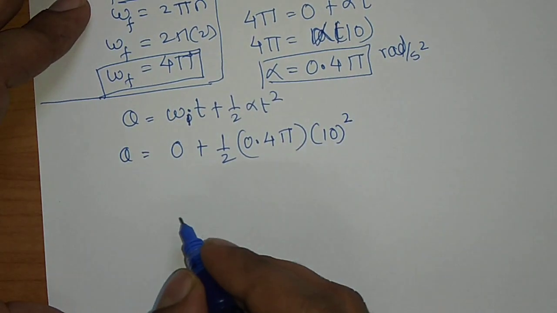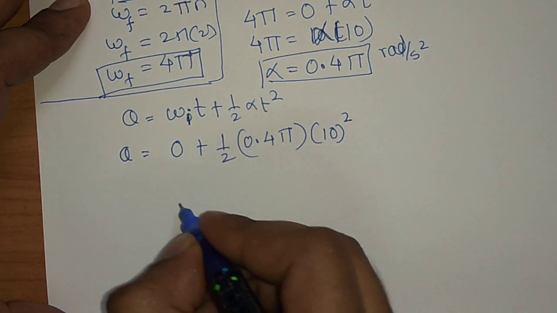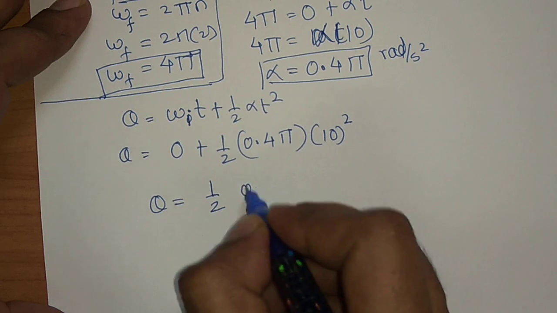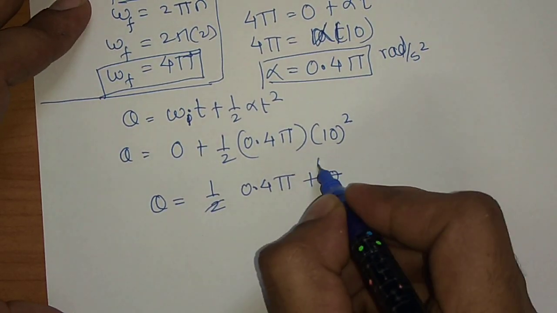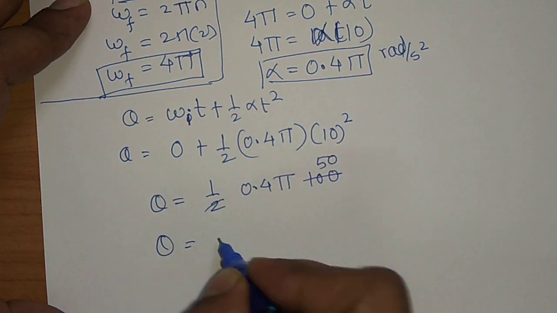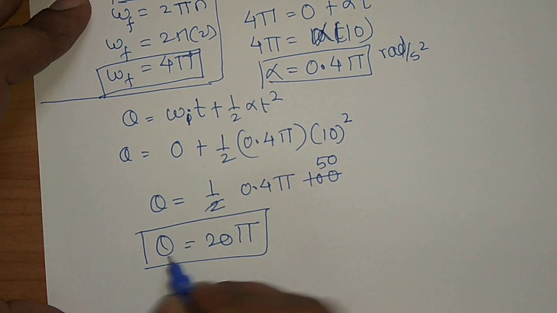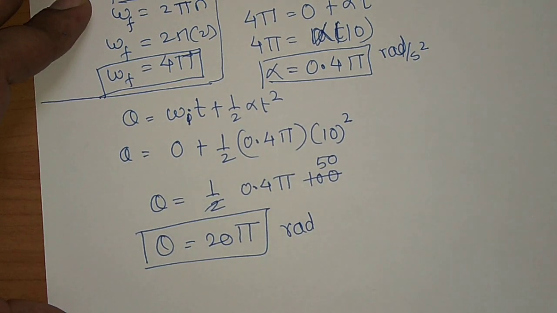So 10 square. After solving, theta is equal to half into 0.4 pi into 100. So this will become 50, so final theta equals 20 pi. What is the unit of theta? Theta is angular displacement, so it is denoted by radian only.